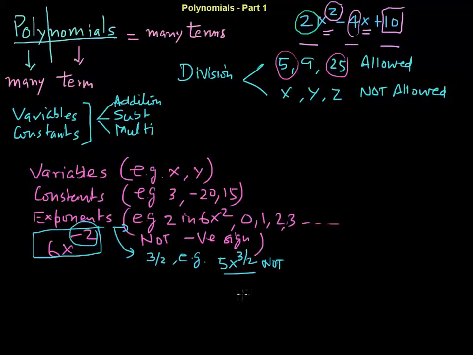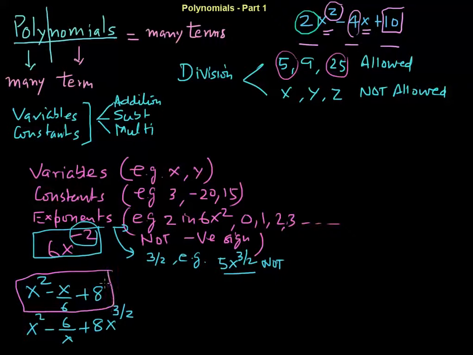Let's take one example and move further to understand this part in a little more detail. If I choose x squared minus x by 6 plus 8, and then I rewrite this as x squared minus 6 by x plus 8, and I'm also using a term with power 3 by 2. These are two different expressions.